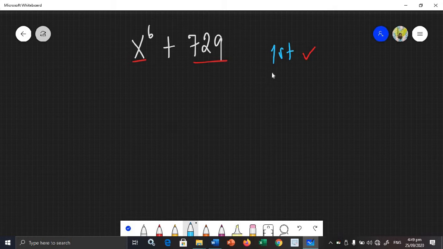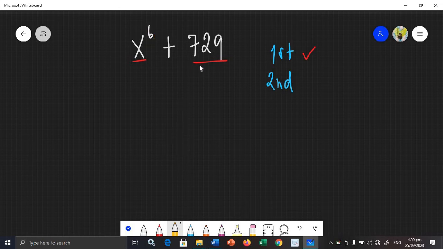And then the next condition, sabi, dapat daw yung terms ay both perfect cubes. Let's investigate. Is x to the 6th a perfect cube? Yes, it is a perfect cube kasi po yung exponent niya is a multiple of 3. 3, 6, 9, yun yung multiples. Okay? So therefore, x to the 6th power is a perfect cube.